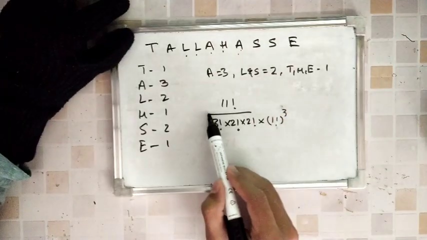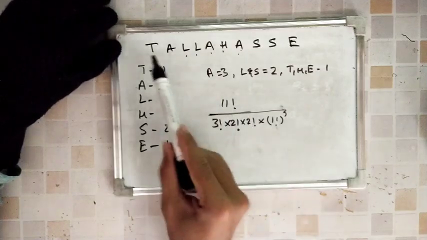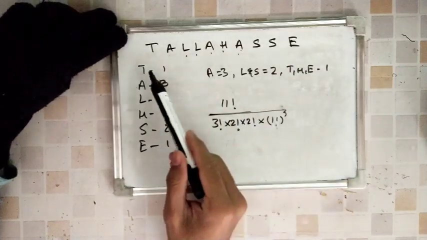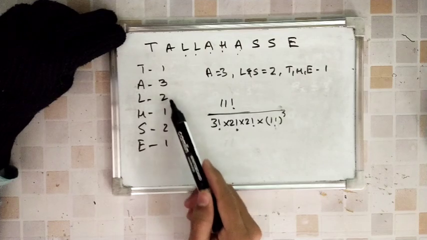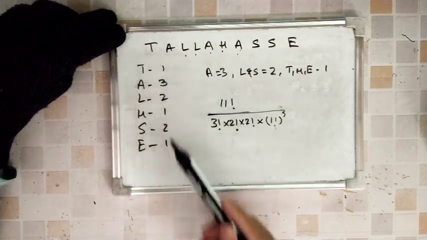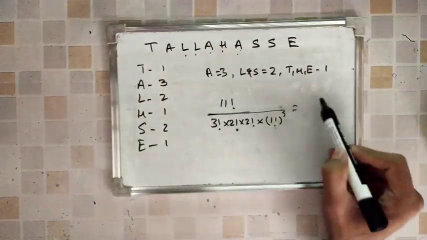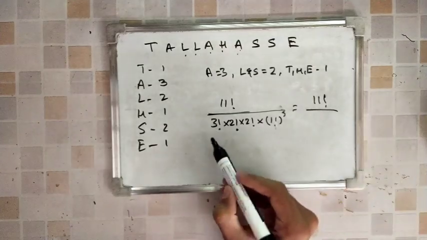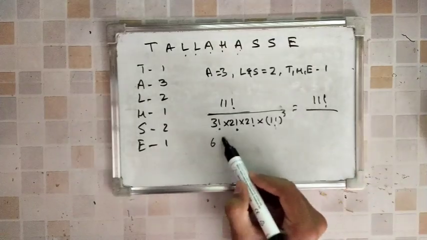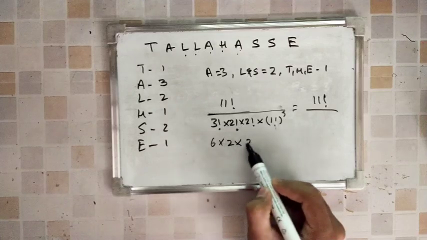How did I get this? See, first how many letters are there, that factorial, divided by how many times each letter is repeating, that factorial into that factorial, and so on, taking all of them. Which is equal to 11 factorial divided by 3 factorial, which is 6, into 2 into 2.